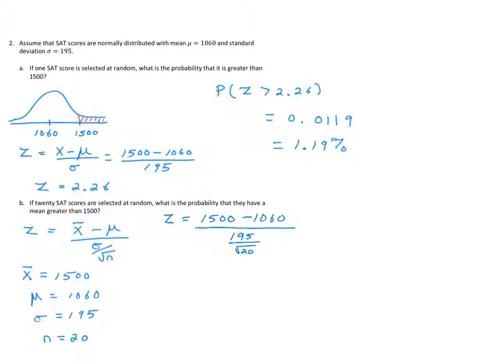I'm going to have to round this a little bit, but I just want to be careful with order of operations. I want to make sure that I first figure out that fraction in the denominator before dividing it into the numerator. So in the numerator, 1500 minus 1060 is 440. And when I divided this out in my calculator, I got roughly 43.6.